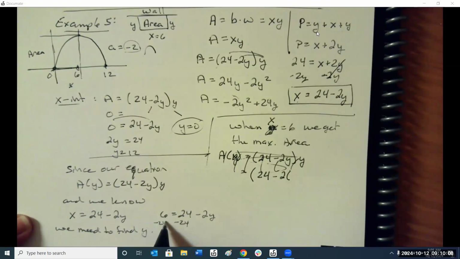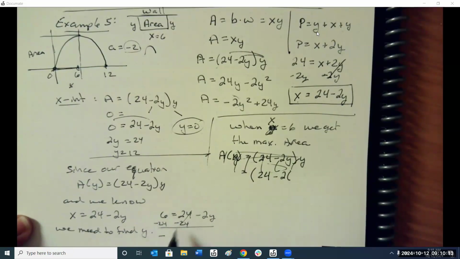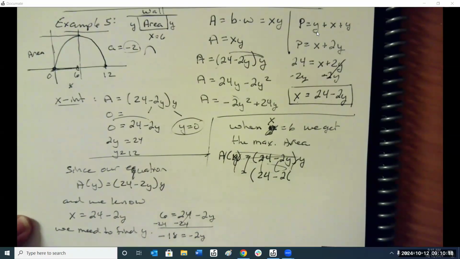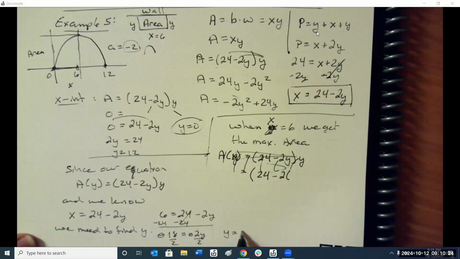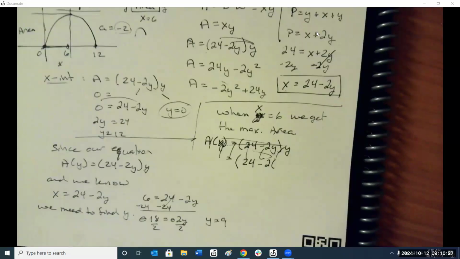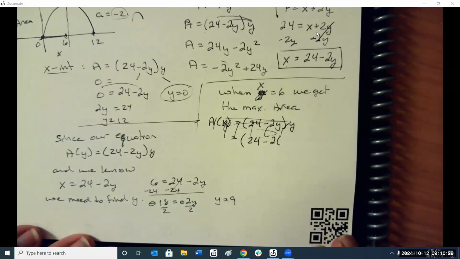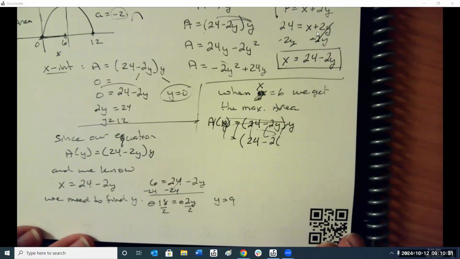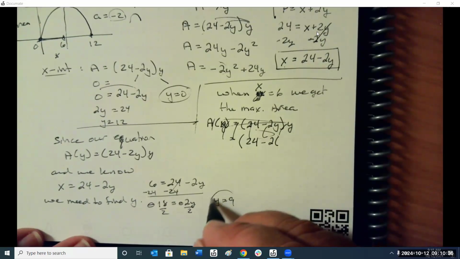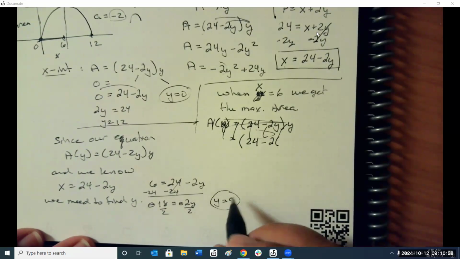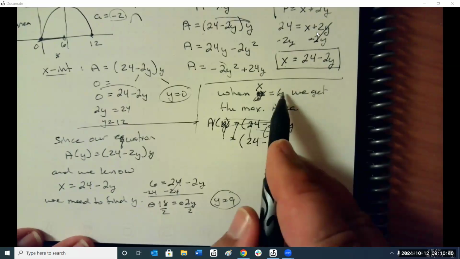Subtract 24 from both sides, so it's negative 18 equals negative 2y. Change the signs, divide by 2, so y equals 9. So when x equals 6, y equals 9.